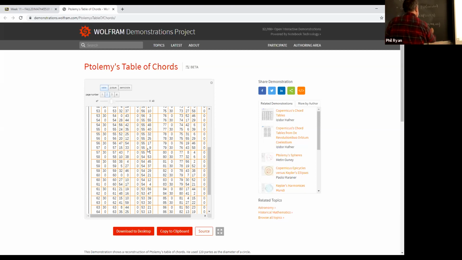Okay, so this becomes 0, 18 and a third is 20. Okay, so the 20 plus the 33 becomes a 53. 18 plus 15 becomes a 33. And that's how you go about doing it.